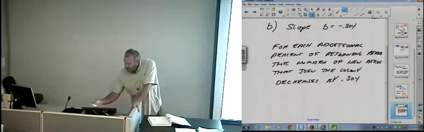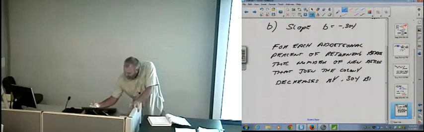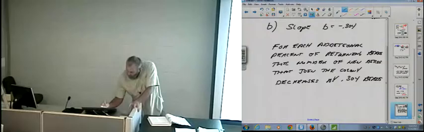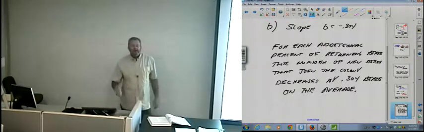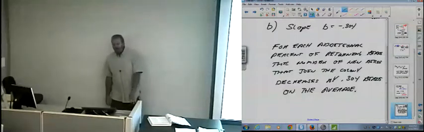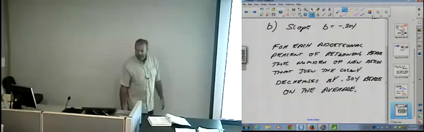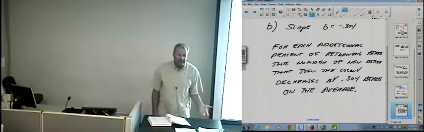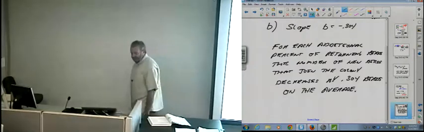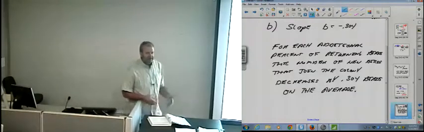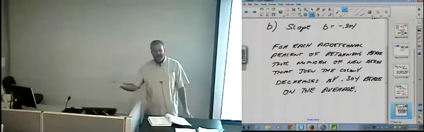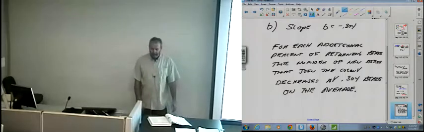It decreases by 0.304 birds on the average. I increased your explanatory variable by 1 unit. The response variable in this case is going to decrease by the slope on the average. If you go back and look at Tuesday, I wrote the same style of thing about the NEA change and the fat gain. Okay?